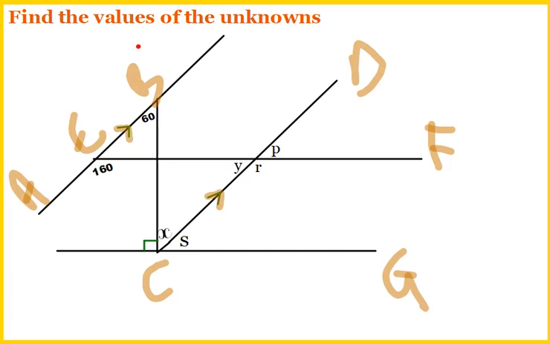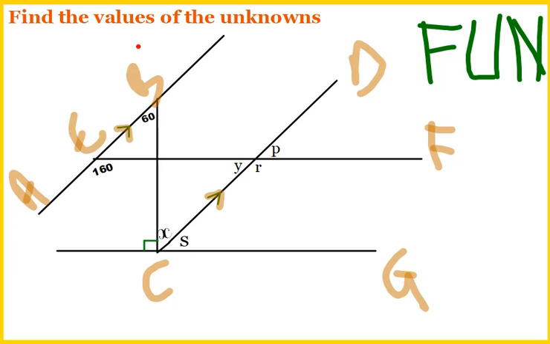From our previous video, where we introduced parallel lines, if we have parallel lines then we are allowed to use the abbreviation FUN. F for corresponding angles, U for interior angles, so these two angles should add up to 180 degrees.